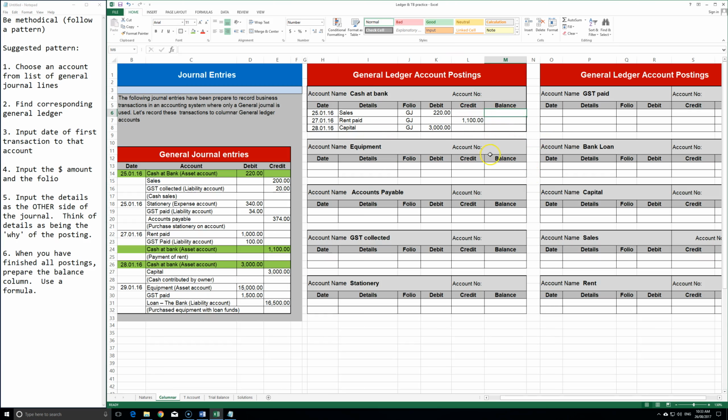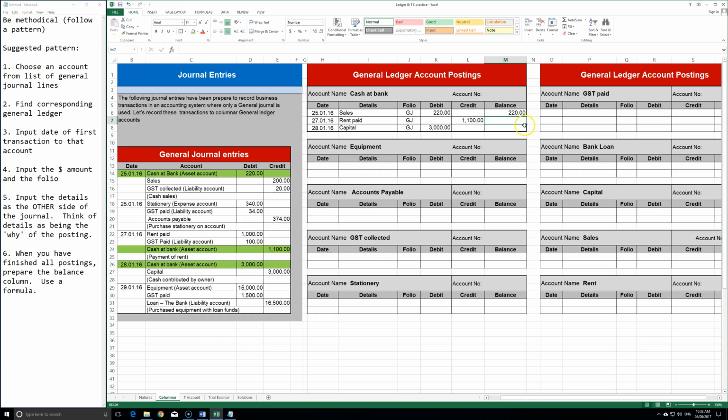So the only way to do that is, for this first one, we go equals the debit side minus the credit side. And I know there's nothing in the credit side now, but if this was a credit for 220 instead, then it has corrected to a negative 220. So the formula is flexible there.